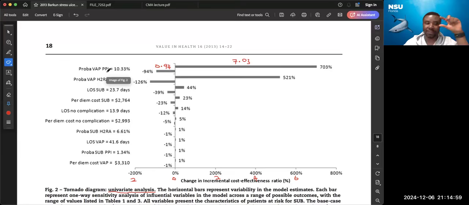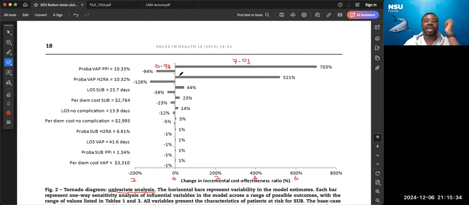They took just that variable, maintained all the other variables, including the ones not reported in this graph, and plotted this variable here. The next one is the same thing: they took this, maintained all the other constants, varied it, and plotted it. All I want you to take away from this graph is that the first bar here is the most sensitive.